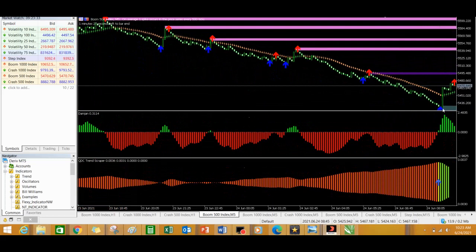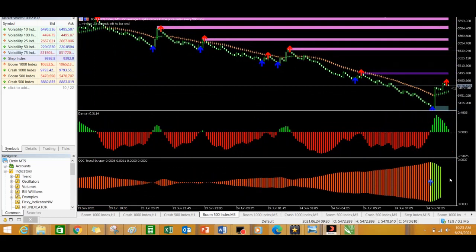Right now it has gotten to this support level and the trend has changed from a downtrend to an uptrend, so it is now going back up. It might be going up for a while, though it is trying to pull back a bit right now, but it will still continue with the uptrend till it gets to this resistance level before it pulls back for a while again. So make sure you do your analysis very well before you jump into the trade. I've done my analysis and I'm done with that.